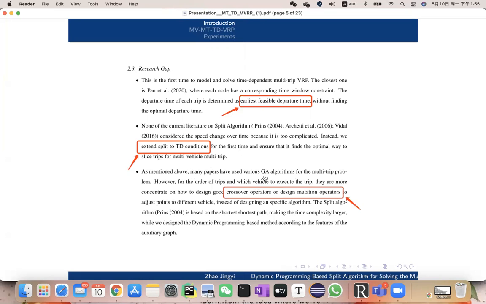And the third one is that for the multi-trip vehicle routing problem, the most common approach is to use a heuristic method with a bin packing algorithm, and our algorithm only uses the heuristic with dynamic programming.